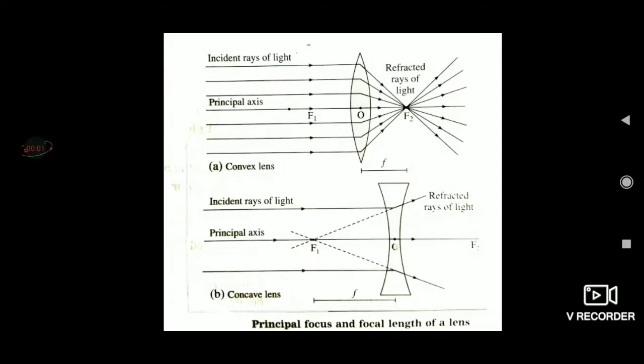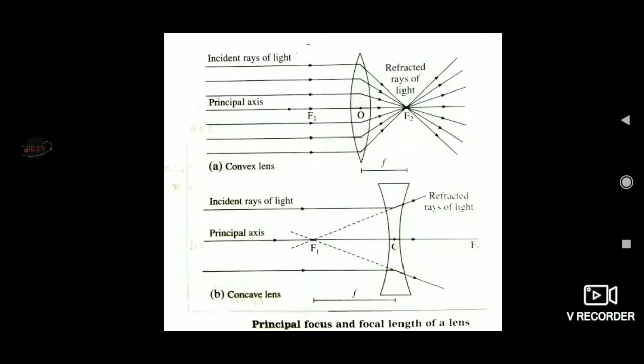Let's discuss a few terms associated with the lens. As we know, a lens, either a convex lens or a concave lens, has two spherical surfaces, and that's why they are known as spherical lenses.